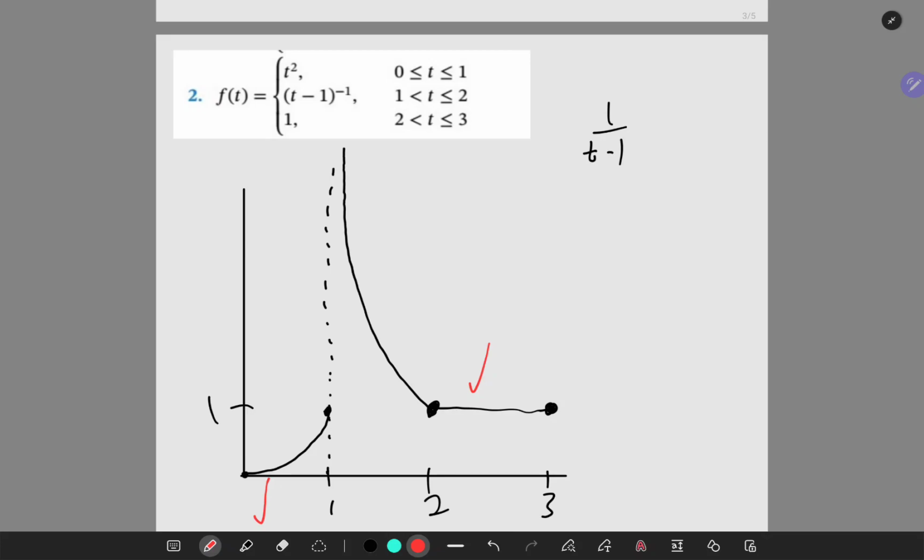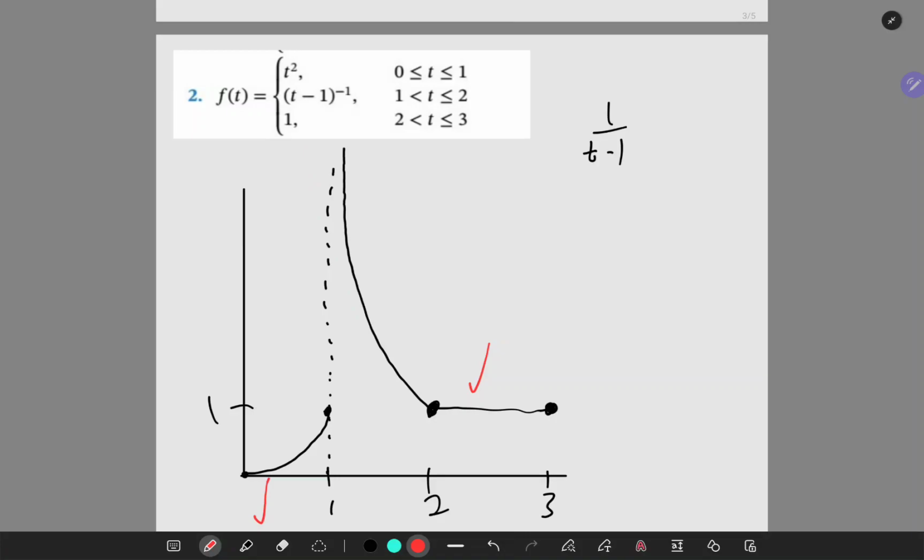Let's look at it as it approaches 1. The limit as t approaches 1 from the left would be 1. But from the right, it doesn't exist.